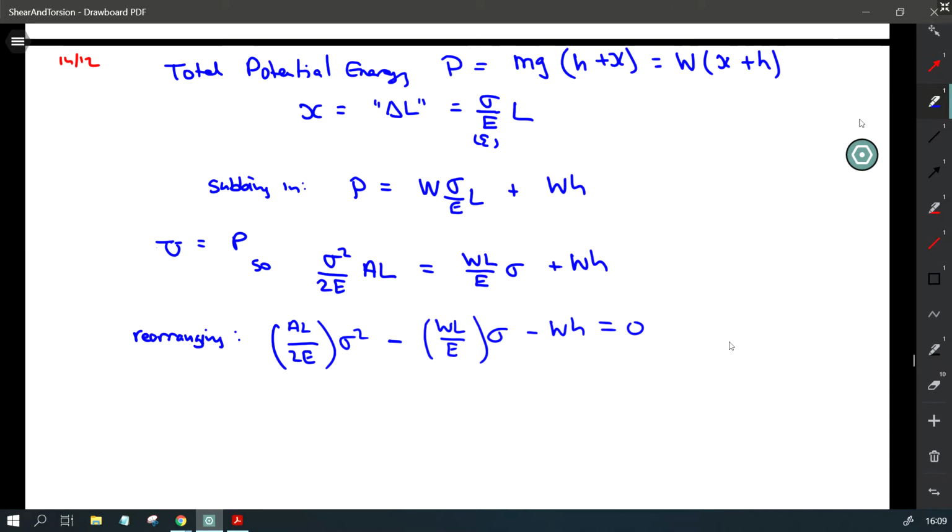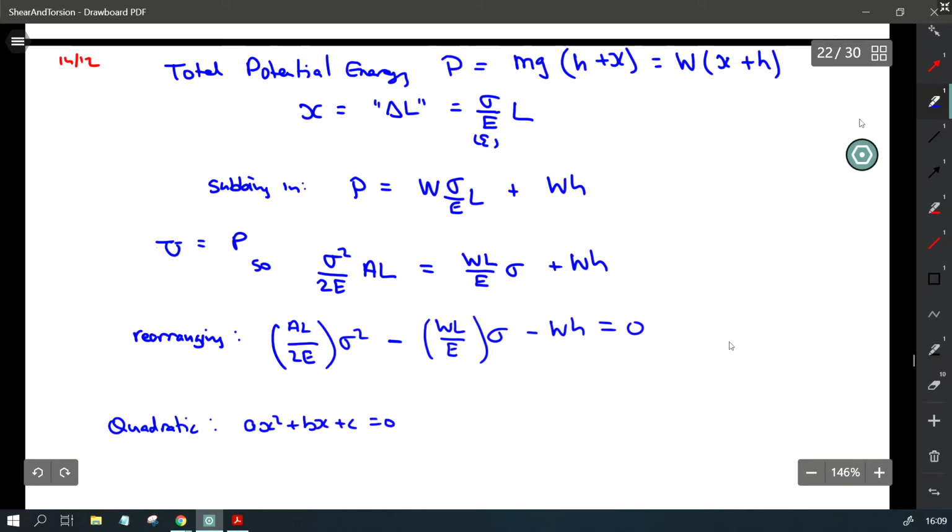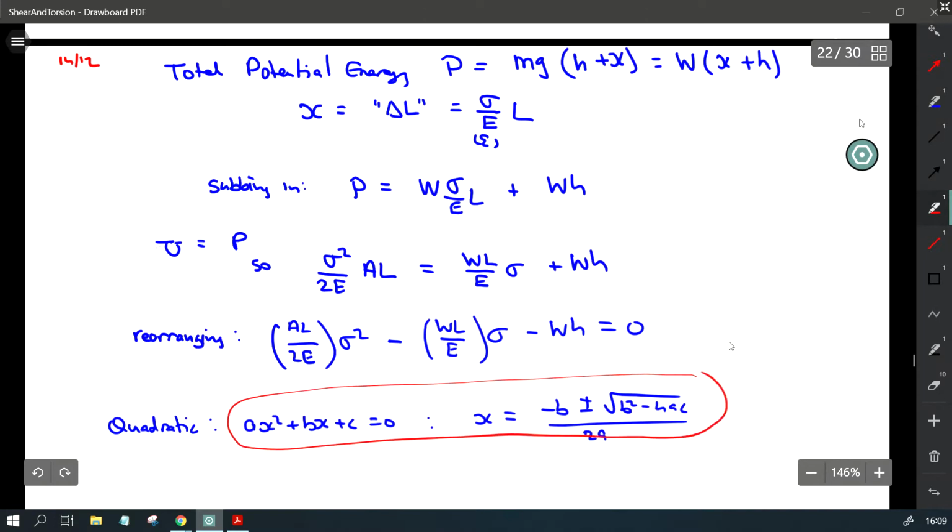And if you remember your solution for a quadratic equation, if you have an equation ax squared plus bx plus c equals 0, x is equal to minus b plus or minus the square root of b squared minus 4ac all divided by 2a. Okay, so that's the general solution, and we can do the same thing here.